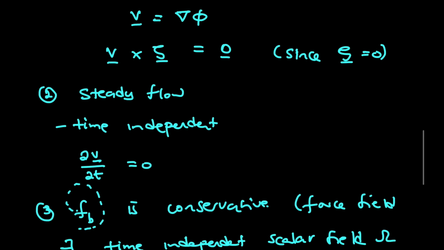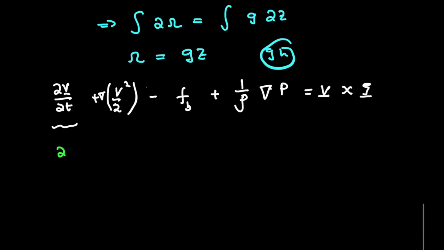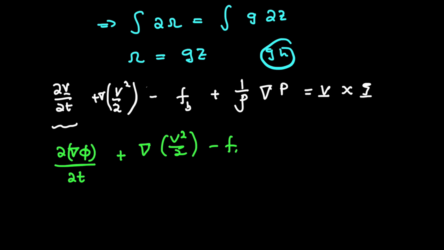So we've got the partial derivative with respect to t, which is 0.